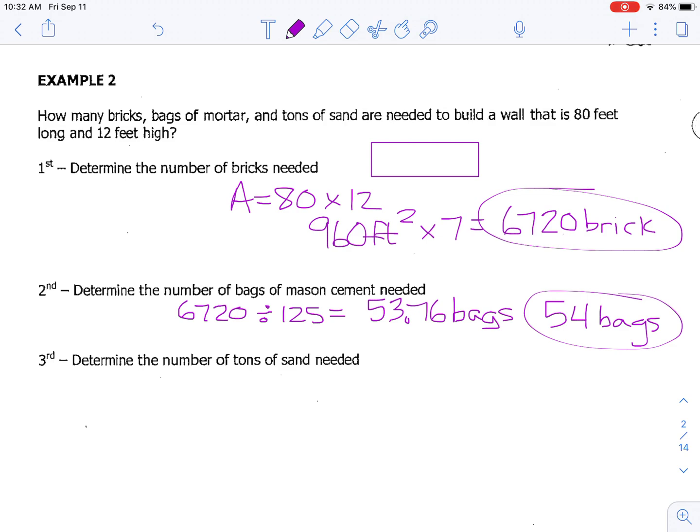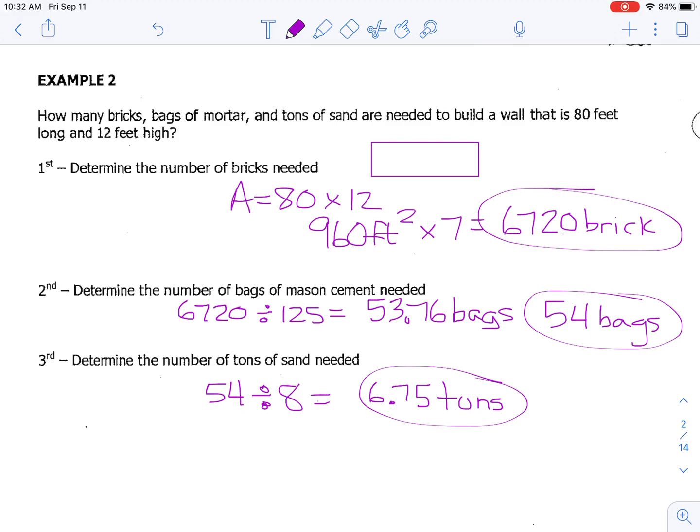And then for tons of sand, we know that for every 8 bags of masonry cement that we have, we're going to need another ton of sand. So we take our 54 divided by 8, and it is estimated that we would need 6.75 tons of sand.